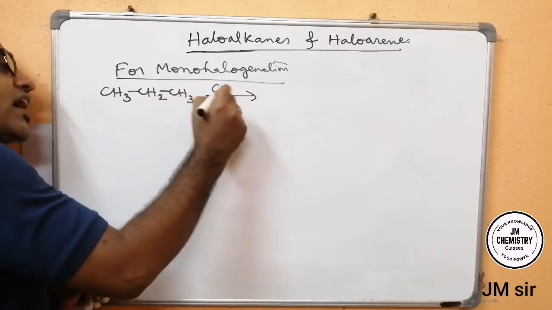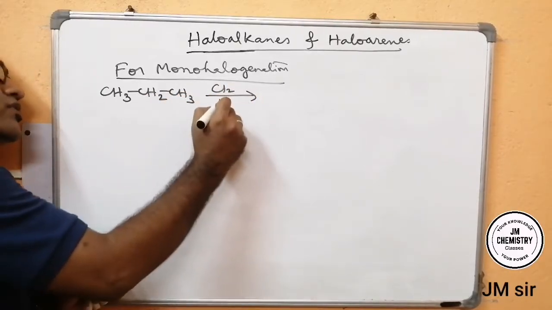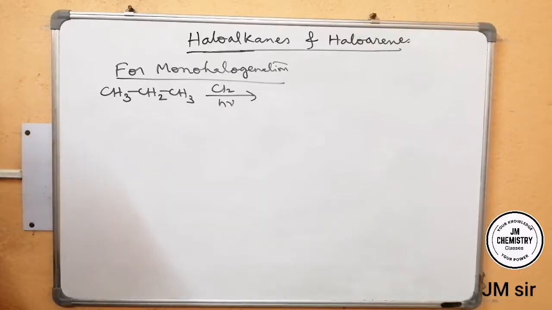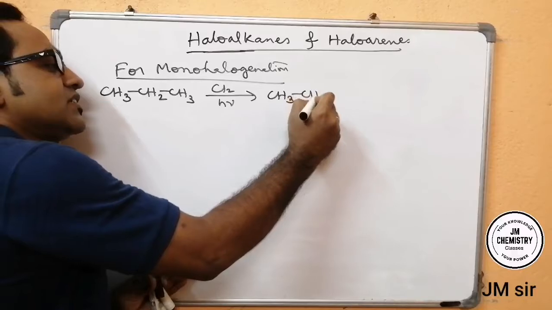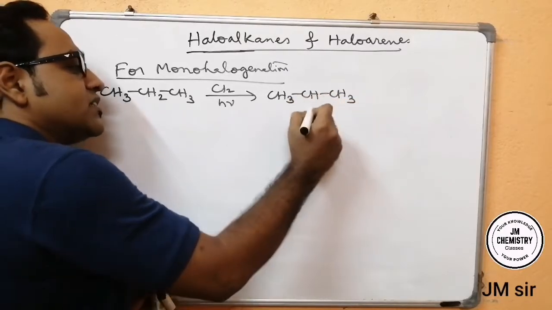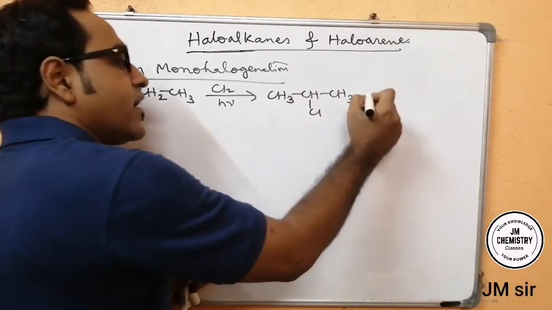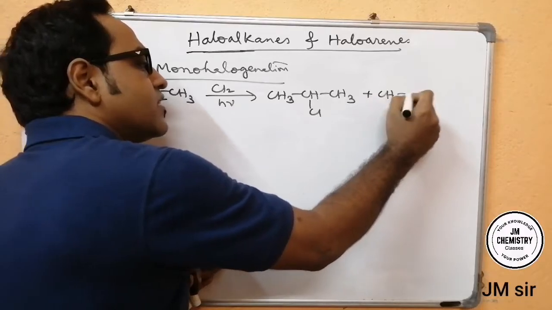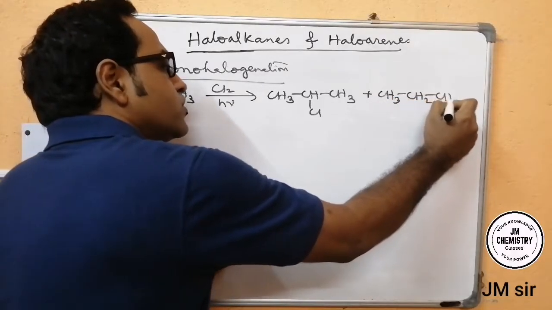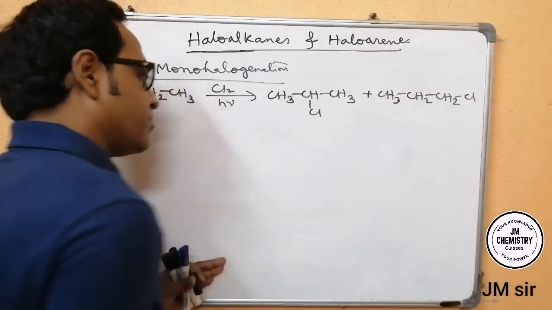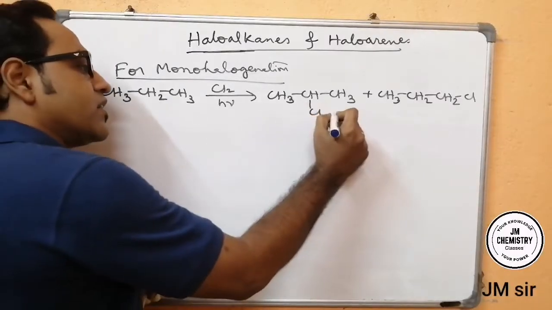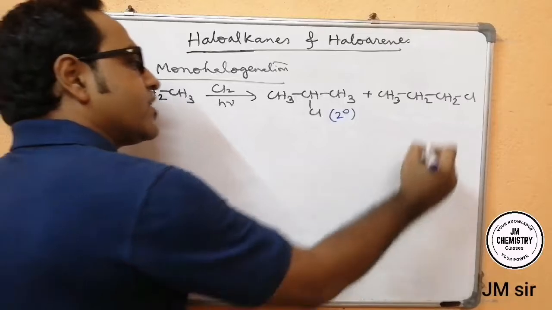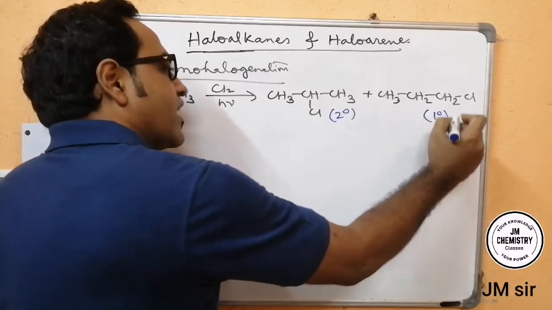This propane is reacted with chlorine in presence of hν. Here we get two products. One is CH3CHClCH3, another is CH3CH2CH2Cl. So you can see this one is a 2 degree halide and this one is a 1 degree halide.